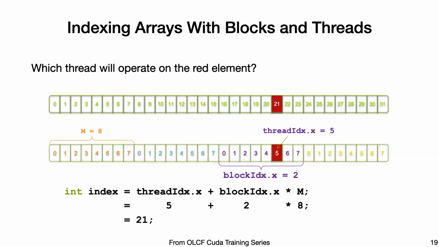Okay, so this is just an example. Let's say our block size in terms of number of threads is 8, so the block would be 2, because it's 0 indexed: 0, 1, and 2, and the thread index inside of it is 5, again 0 indexed. So you get this using unique indexing.